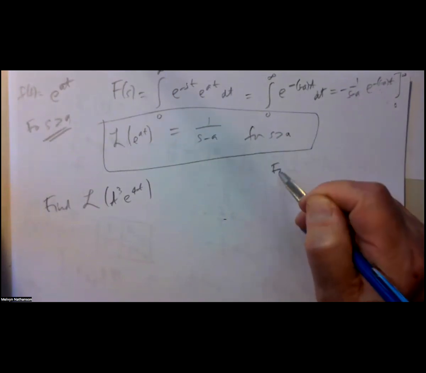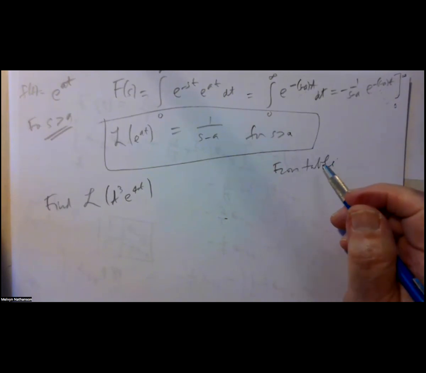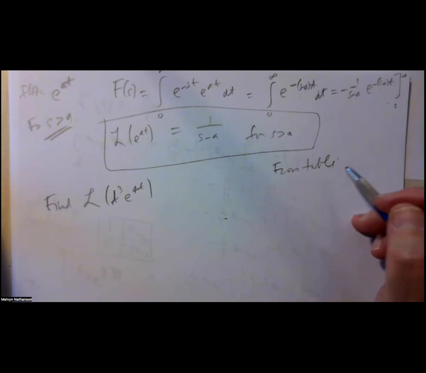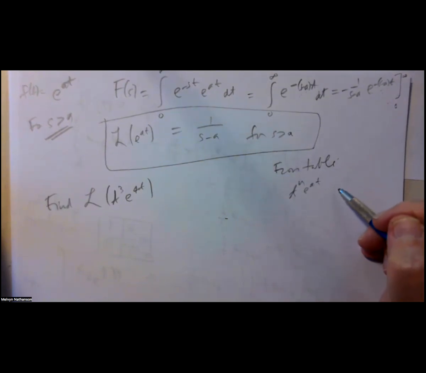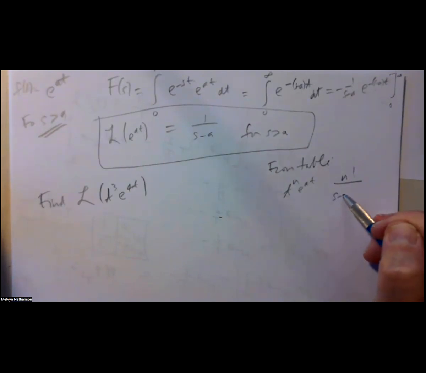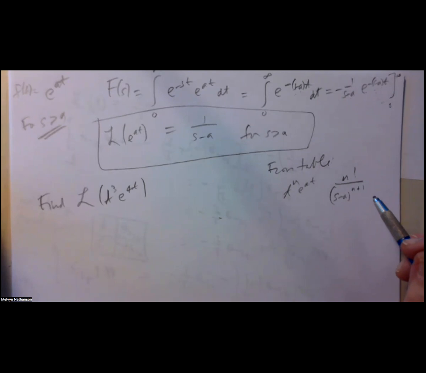So from the table, it says t to the n e to the at, and its Laplace transform is n factorial over (s minus a) to the n plus 1.